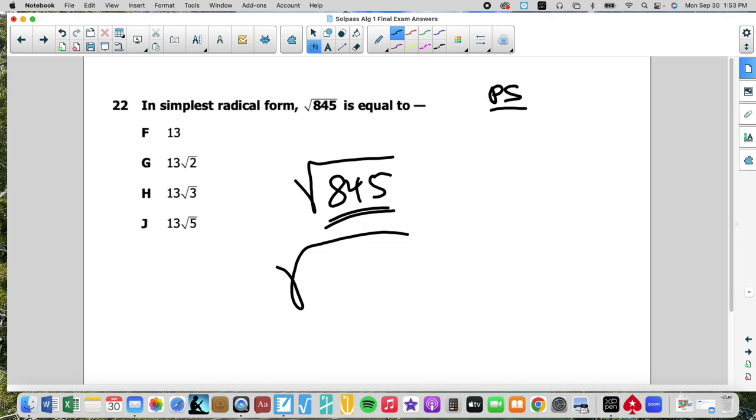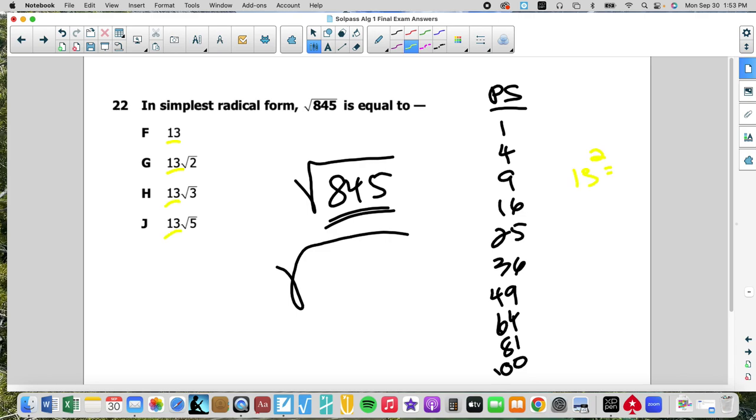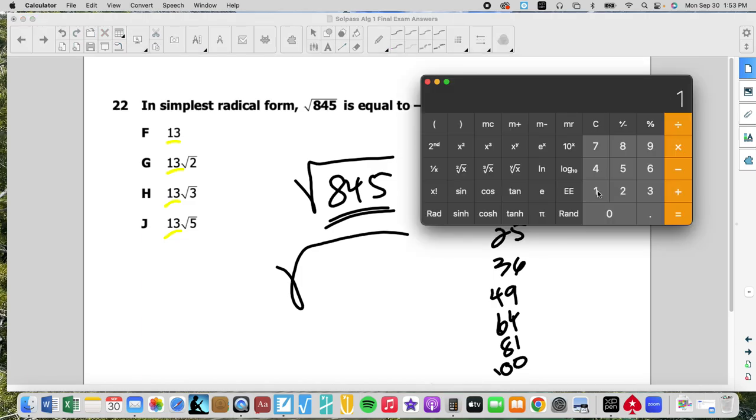Well, my perfect squares are 1, 4, 9, 16, 25, 36, 49, 64, 81, 100, etc. And I'm looking to see if any of these go into it. So I can use my logic and understand, okay, 13 squared is 169.